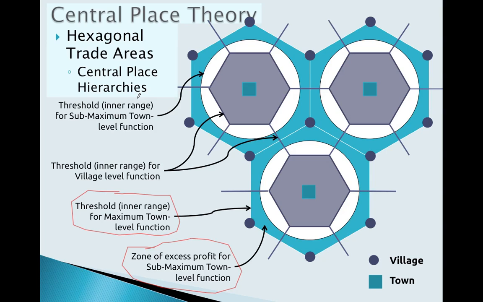The inner range, the threshold for these, what I'm describing here on this diagram as sub-maximum town level functions, is defined by the circle. So I think that as you can look at this diagram, you can see that by layering these levels of the hierarchy of goods and services and looking at the arrangement of the urban places that are associated with each level, you can come up with a fairly sophisticated landscape.